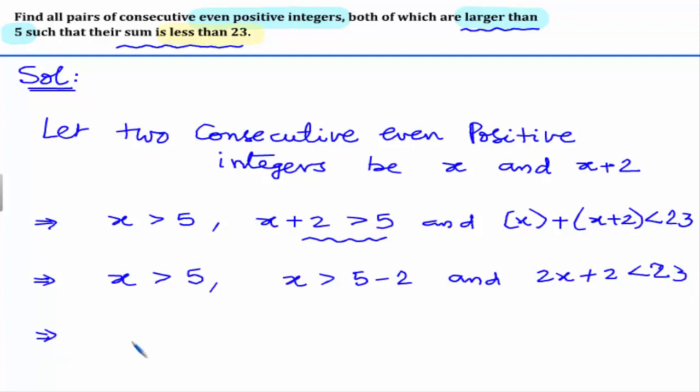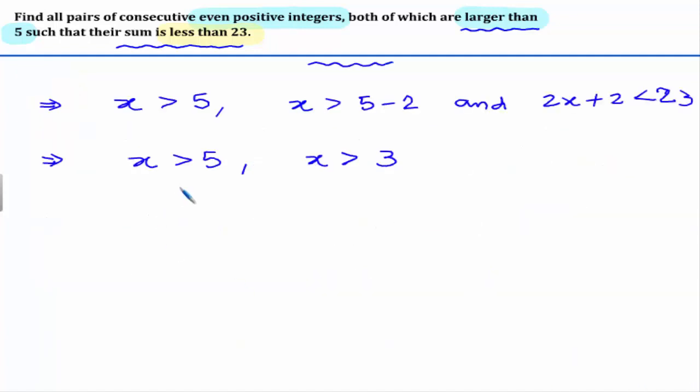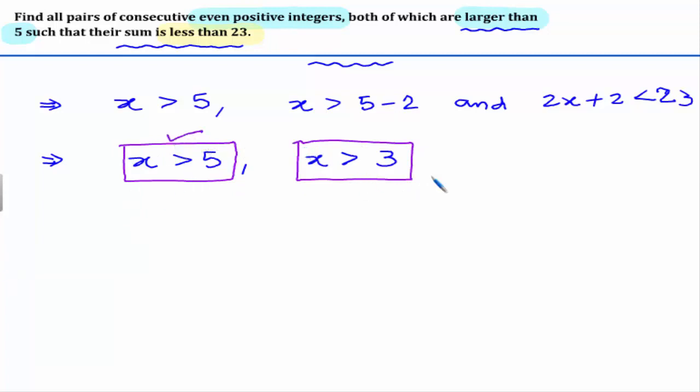Now on further simplification we get x greater than 5 and here we get x greater than 3. That means out of these two conditions we will choose only one, because x greater than 5 implies x greater than 3, so we will consider x greater than 5. And in the third, by subtracting 2 on both sides, we get 2x is less than 23 minus 2, which is 21.